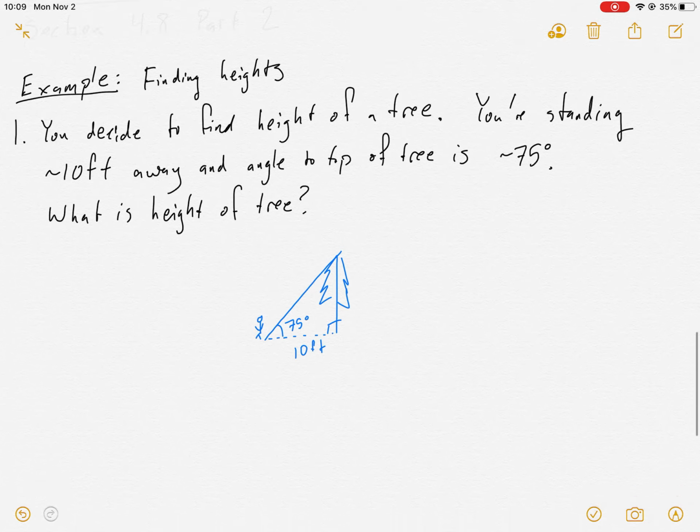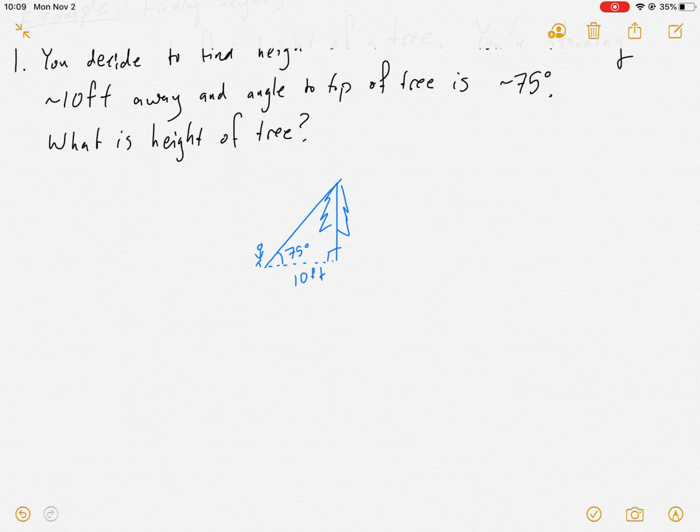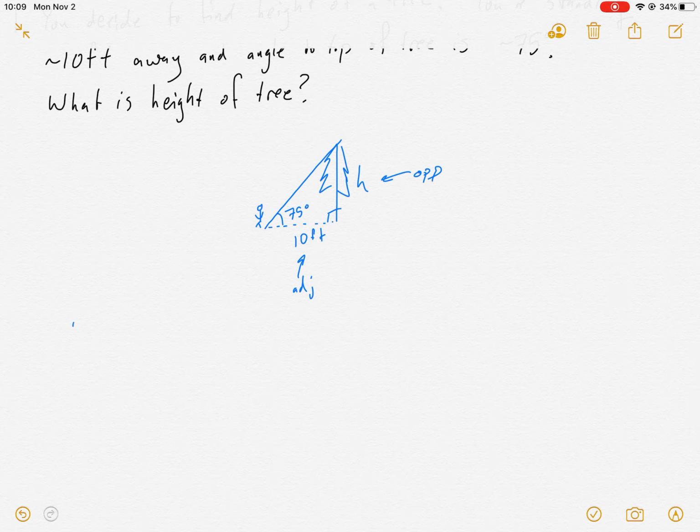So at this point, you get out your calculator and some pencil and paper, and you figure out, well, I need to find the height. I have the 10 feet, so this side is opposite and this side is adjacent to the angle I'm given. So therefore, I could use tangent to do this. Tangent of 75 degrees equals my height divided by 10 feet.